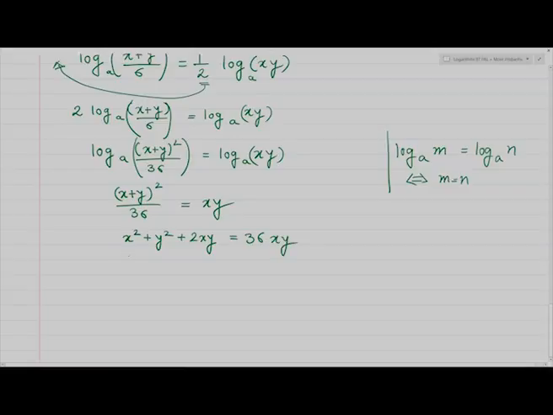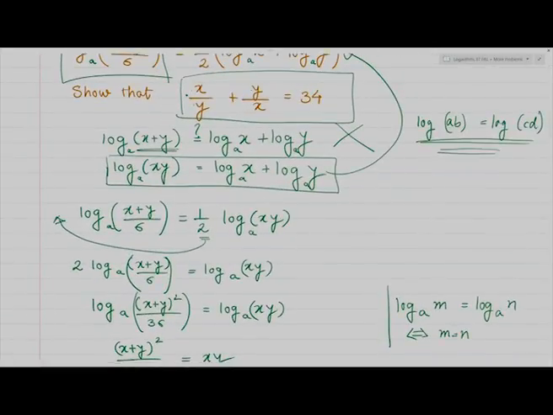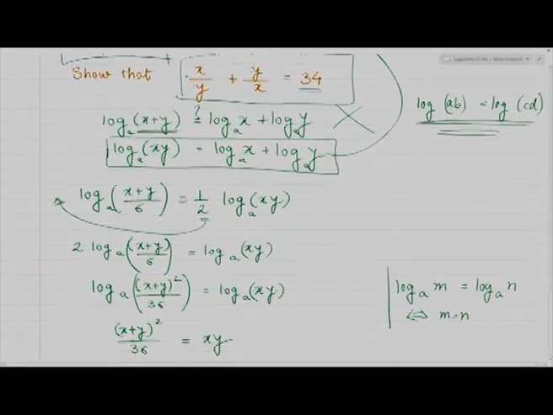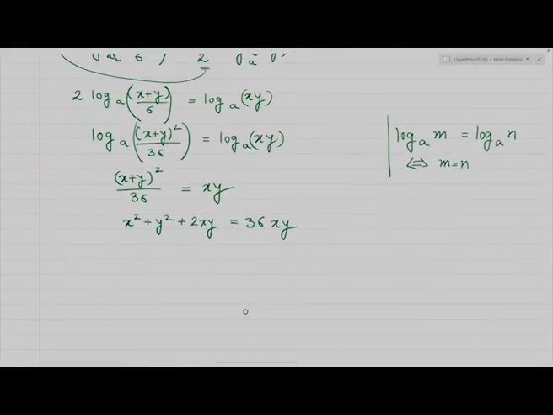Okay. Then I can guess I am on the right track, because the right hand side had some number, 34. I can actually get the number 34 by doing some simple manipulation, which is x square plus y square is equal to 36 minus 2, which is 34xy.